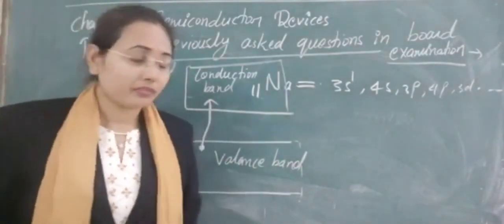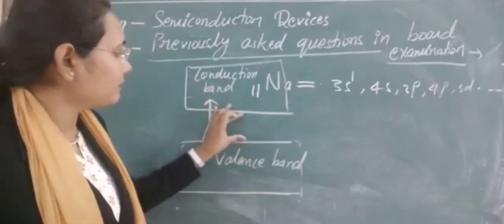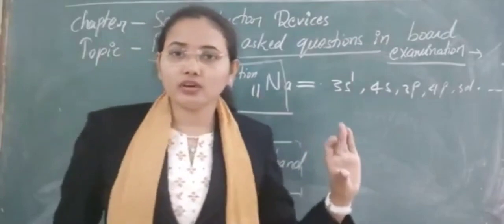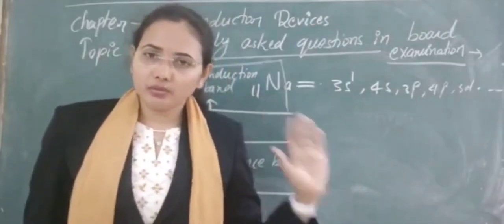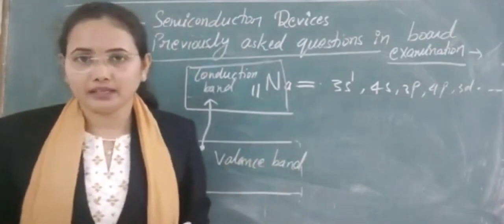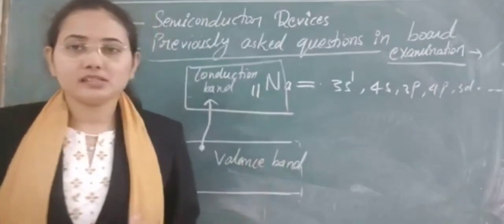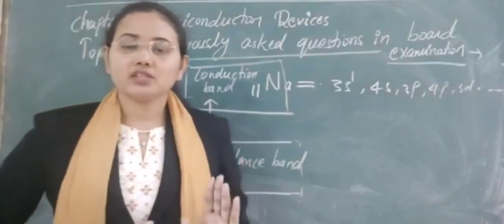Clear? The gap between the valence band and conduction band, where no electron is possible according to the Bohr model, is known as the forbidden gap. So this is the forbidden energy gap, this is the conduction band, this is the valence band. So this is the band picture of a solid.